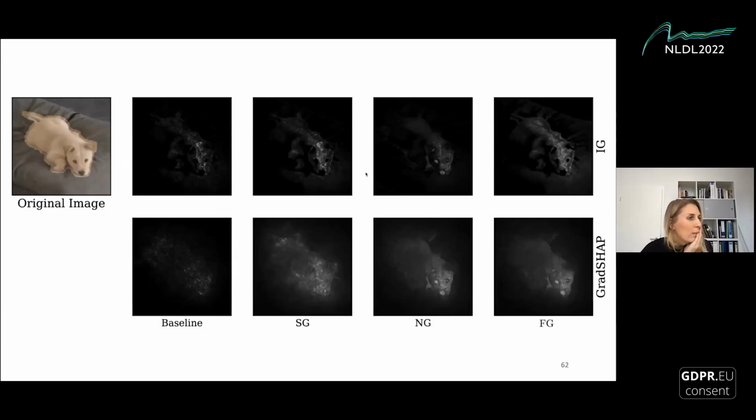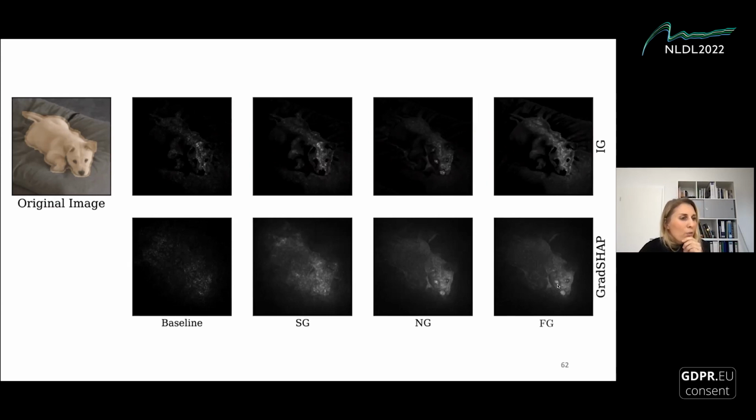Okay, so to show one result, we have here the image. Here is the baseline explanation. In the SmoothGrad explanation, you see, okay, the dog, the shape is getting clearer. Also here. And for NoiseGrad, you see that now the eyes were also found by the explainability method, and also the nose, which was not the case for SmoothGrad.